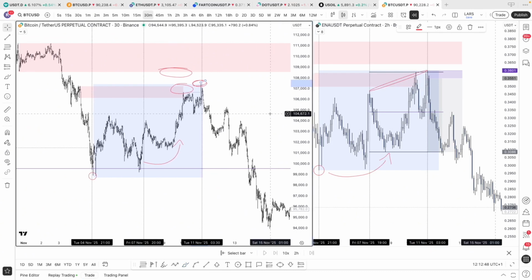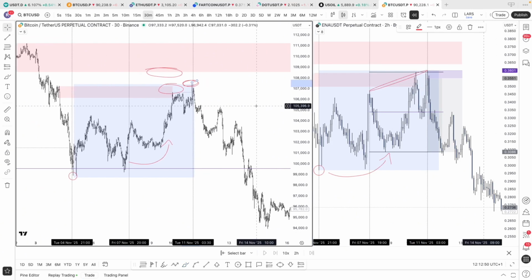From a contextual standpoint, that puts us in the semi-pro environment. So we have Bitcoin, our major, being semi-pro. We have ENA, our individual altcoin, being semi-pro. So that puts us yet again in the A category, contextually speaking.